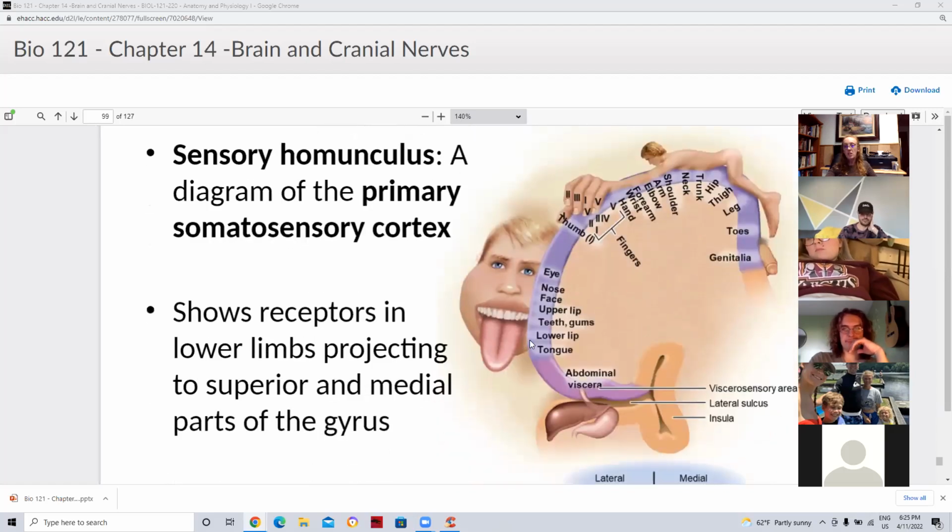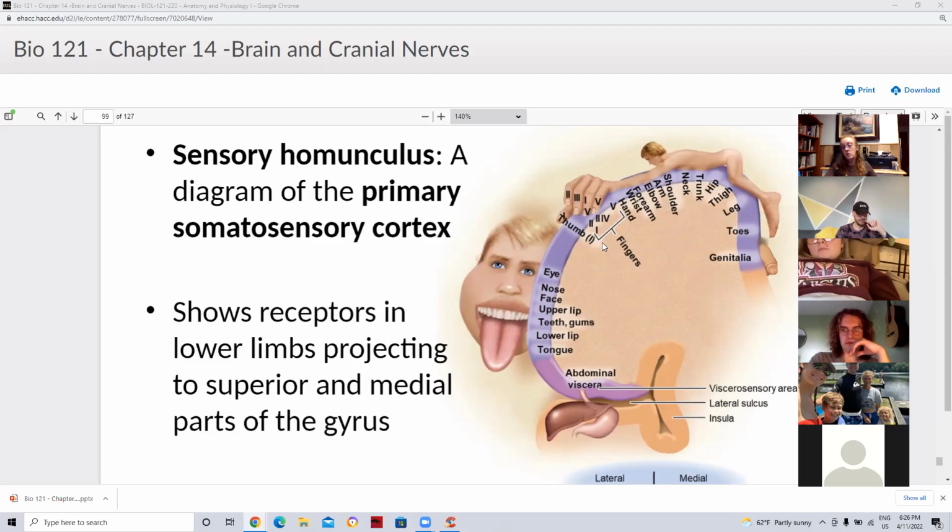With the sensory homunculus, they've been able to identify what senses are associated with what regions of the postcentral gyrus, or somatosensory cortex. So genitalia tend to be deep within the longitudinal fissure, and you can see that they take up a fairly large spot in comparison to the hip or the wrist. Toes tend to be fairly sensitive.